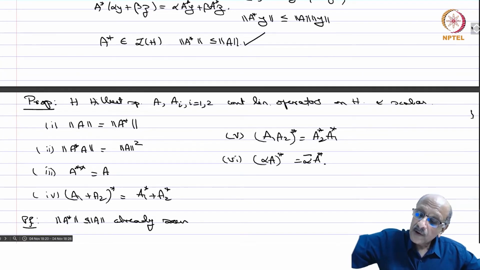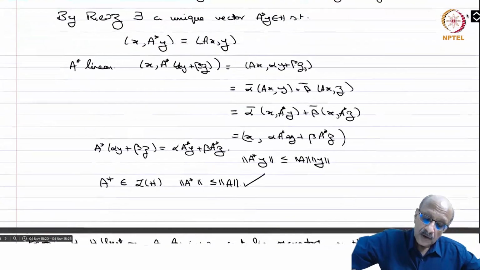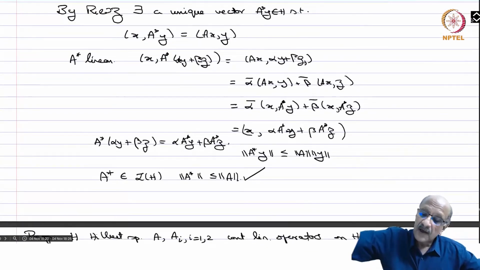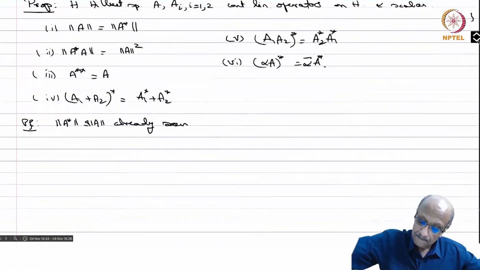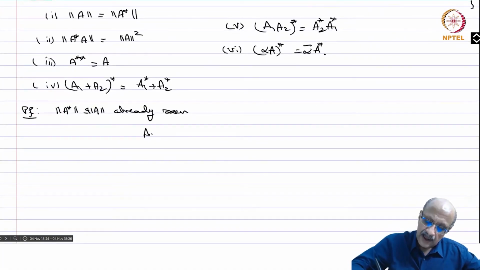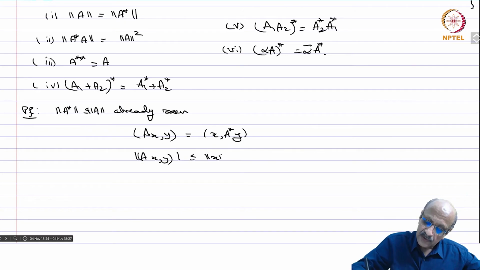Now we go back to this relationship with which we defined A star, so we get (Ax, y) equals (x, A star y). So |(Ax, y)| is less than or equal to norm x, norm A star, norm y.